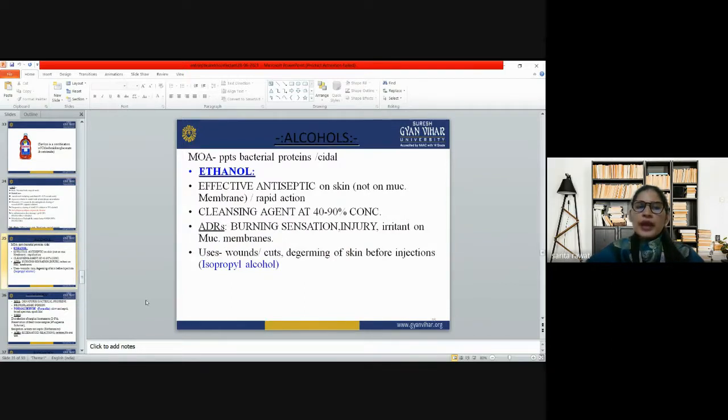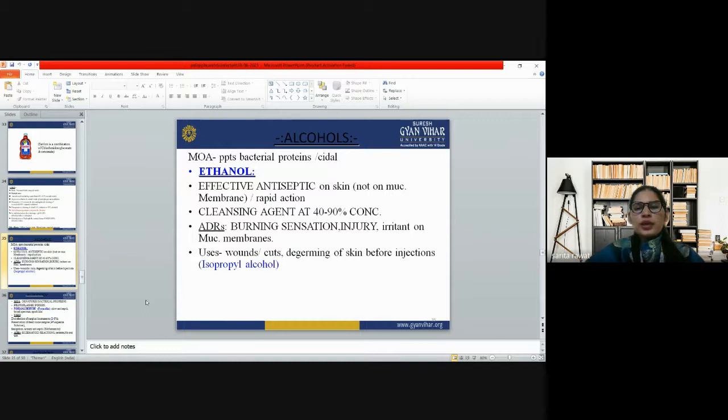Now, the next we have alcohol. The mode of action of alcohol is that it precipitates bacterial proteins, and it has a cidal action. When we talk about ethanol, it is an effective antiseptic on skin but not on mucous membrane, and it has a rapid action. It is a cleansing agent at 40 to 90% concentration.